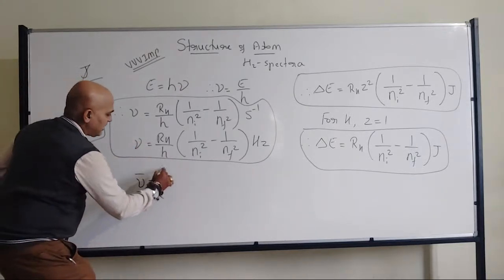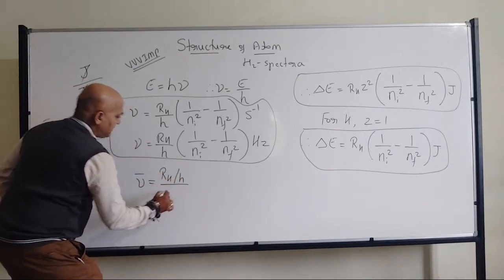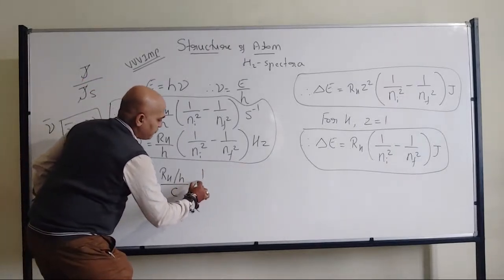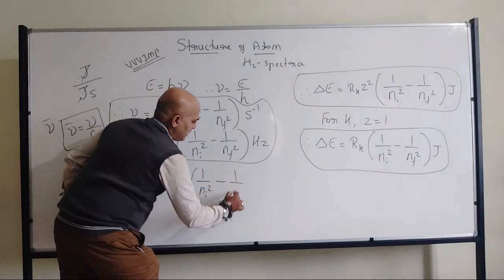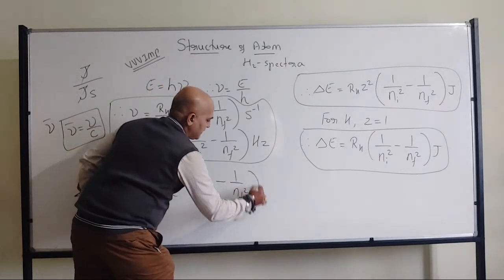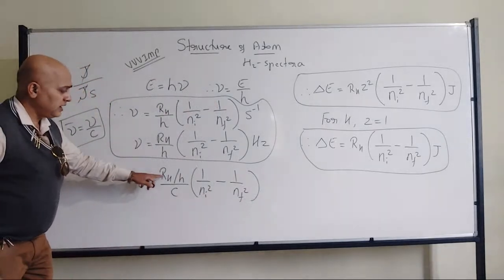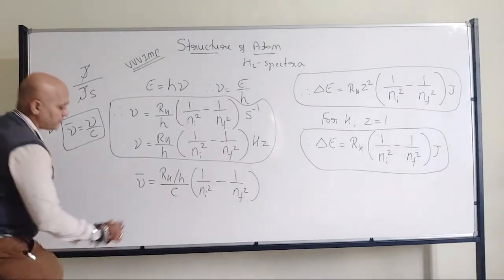That is RH divided by h and divided by C, times 1 by Ni square minus 1 by Nf square. Now RH is in joule and h is in joule second. We will see the unit, don't worry.